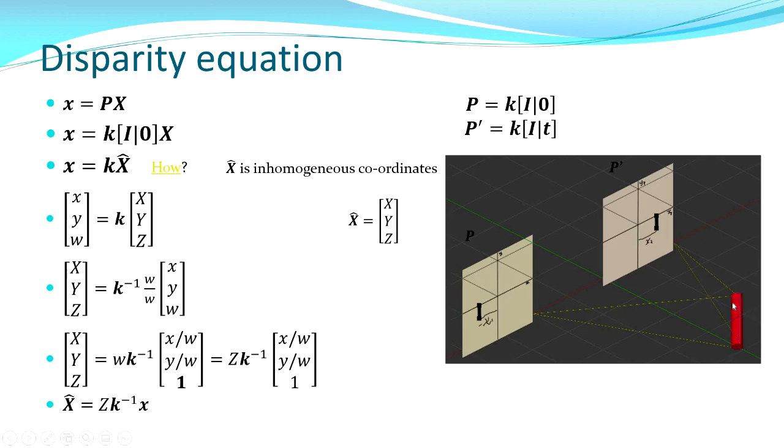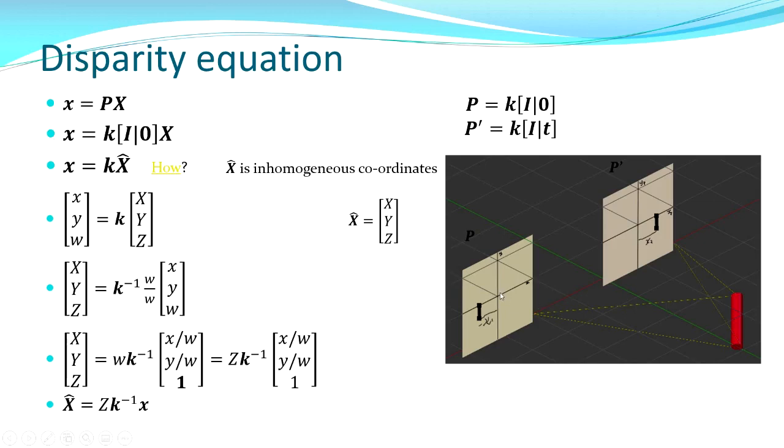The 3D world coordinates are denoted by capital X, and the 2D coordinates over here are denoted by small x. So we are taking the image of this object, and hence we can say that small x is equal to PX, where P is the projective matrix for this camera.